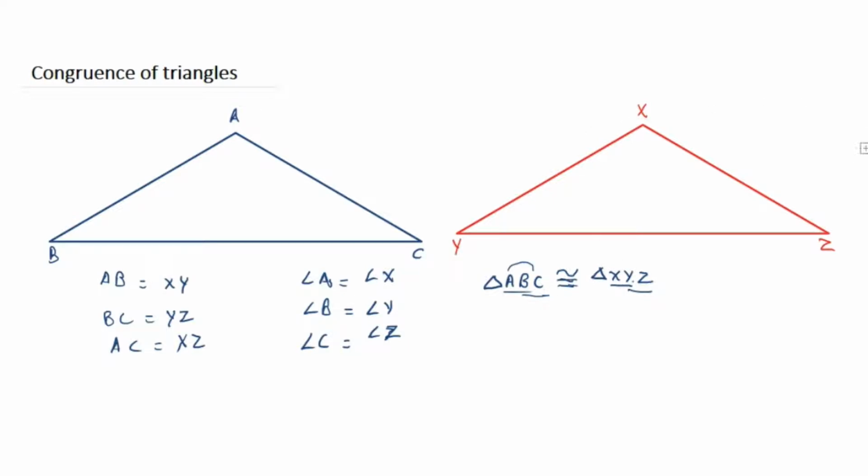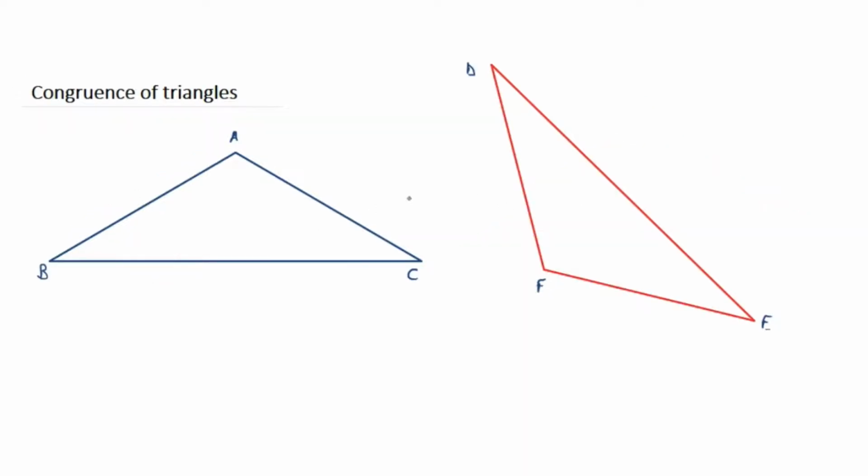Now, using this naming convention, what can we say about these two triangles? Well, ABC is congruent to DEF, but let us see which are the corresponding sides. When we rotated the figure, we found that this side was equal to this side, and that this side was equal to this side, and that this side was equal to this side. So if we look at the corresponding sides, side AB corresponds to side FE.